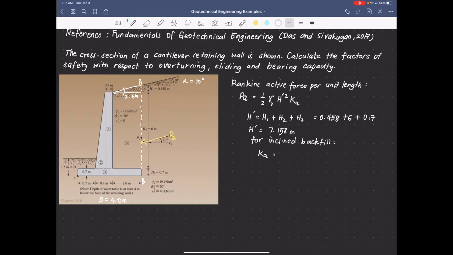The formula would be cosine alpha multiplied by cosine alpha minus square root of cosine square alpha minus cosine square phi prime.